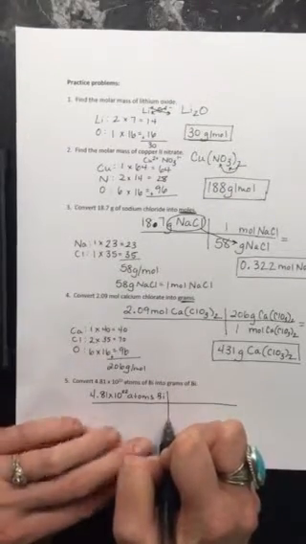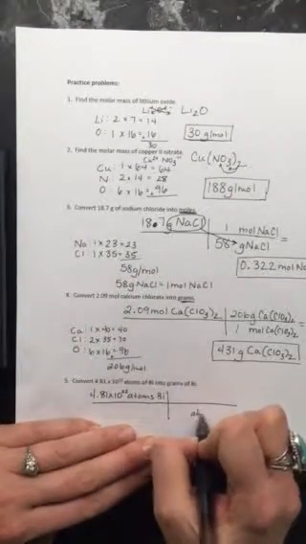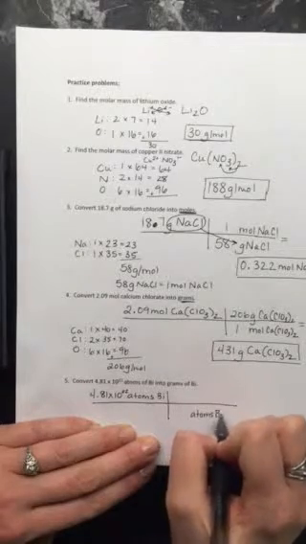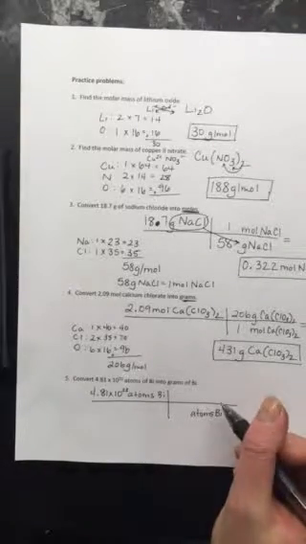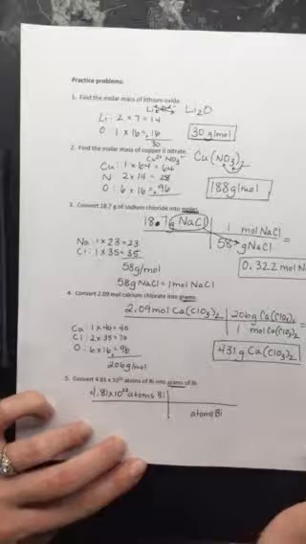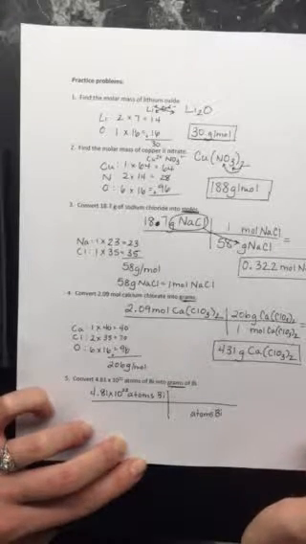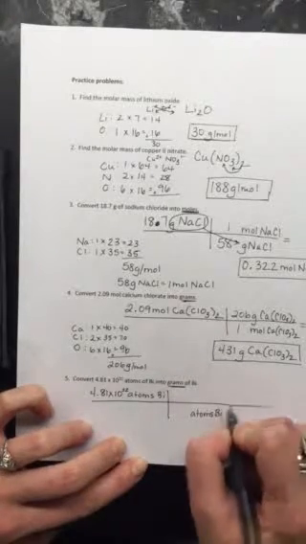Okay, and we're going to move our units down and to the right. Okay, now this one's a little tricky because we don't have anything to go straight from atoms to grams. So that means we're going to need a third step here in this problem.